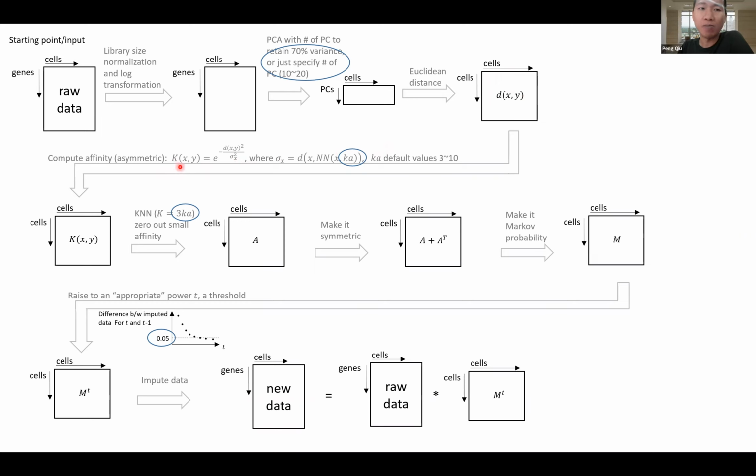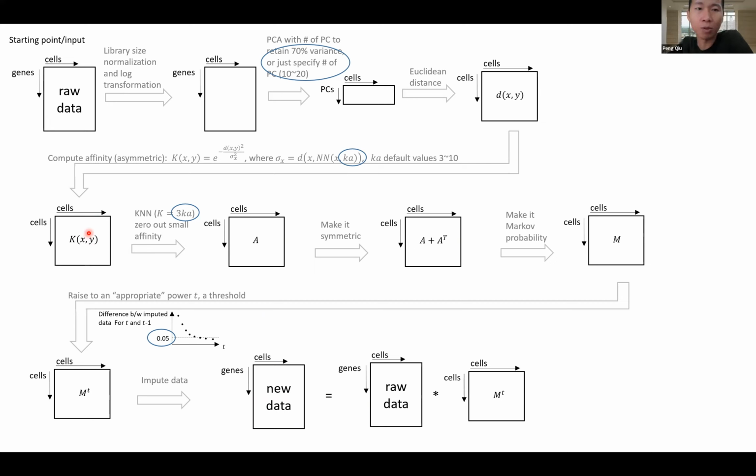In MAGIC, the formula for the affinity matrix is slightly different from DPT, but is essentially doing the same thing. Once the affinity matrix is obtained, they further processed it by zeroing out very small affinities.